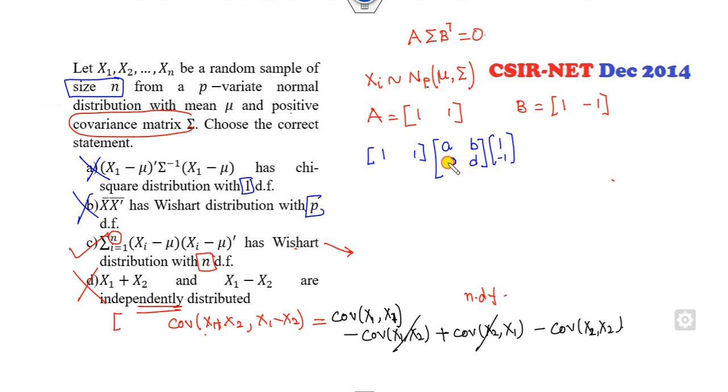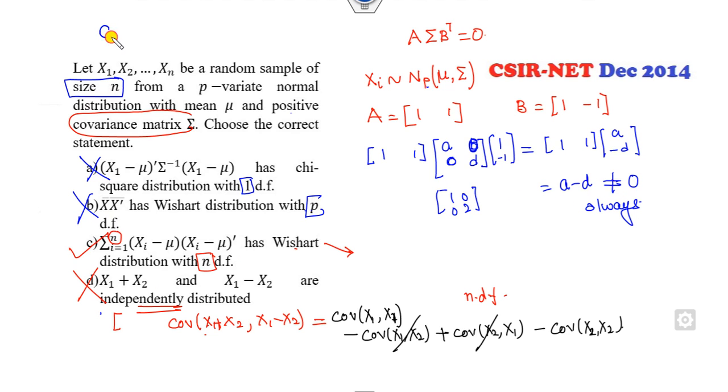If it is positive definite, I consider the off-diagonals as 0. So it is 1, 1 and then A minus D. Clearly this is A minus D, which is not always 0. Fine. If I consider this 1, 2, 0, 0, again it's non-zero. So C is the right answer.